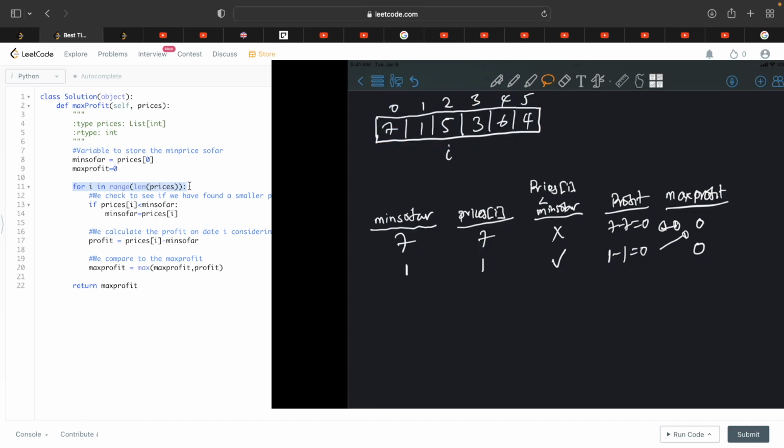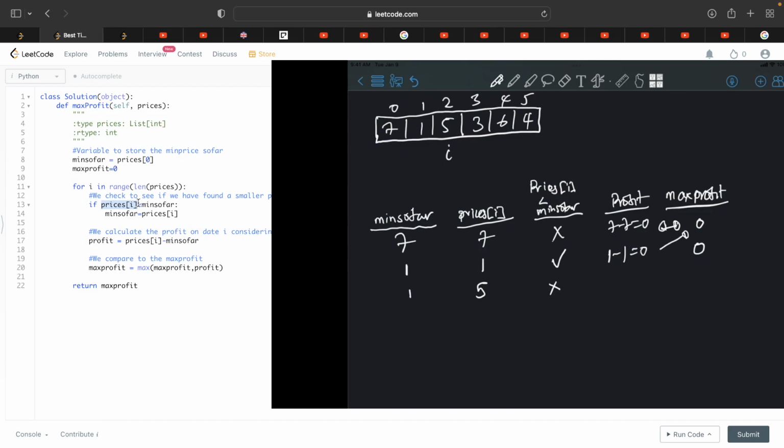We're at index 2. So prices on date I is 5. So in the diagram, we update our prices. It's now 5. Is 5 less than our min so far? No, it's not. So our min so far remains 1.